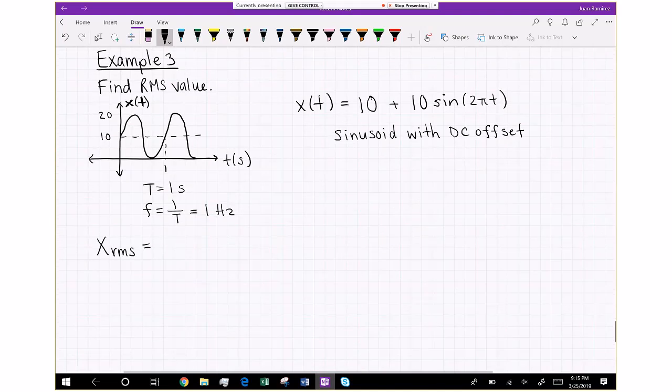Okay, so now let's find the RMS value. So 1 over the period is 1, integral from 0 to the period. And then we square the signal, and then of course integrate with respect to time.